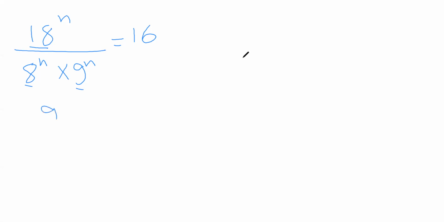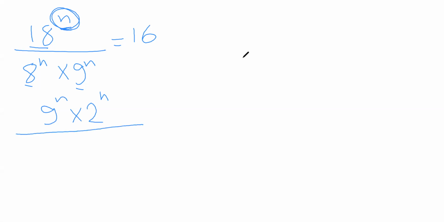Okay, 9 times 2. What will I do with the power? I'll put it on 9 only or on 2 only? Both of them. I will distribute the n, Muhammad, once on 9 and once on 2. Okay, so 9 power n times 2 power n.